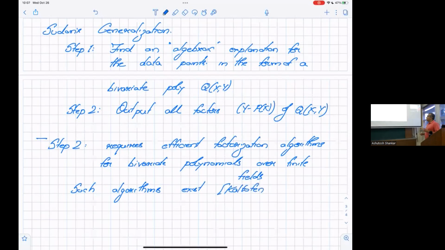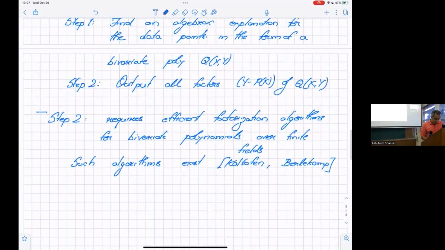There are fantastic results on this; Kaltofen gave such algorithms, and Berlekamp also. We'll take these on faith for now. These are randomized algorithms, or deterministic, depending on the running time you want: they are deterministic if they're allowed to run in time polynomial in the characteristic.